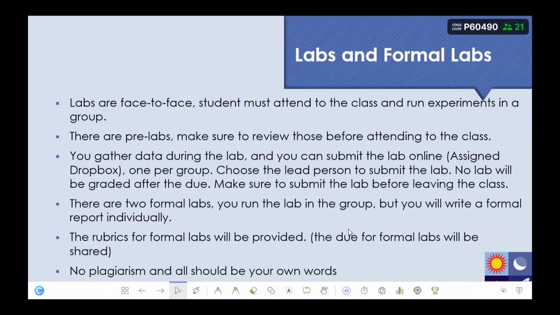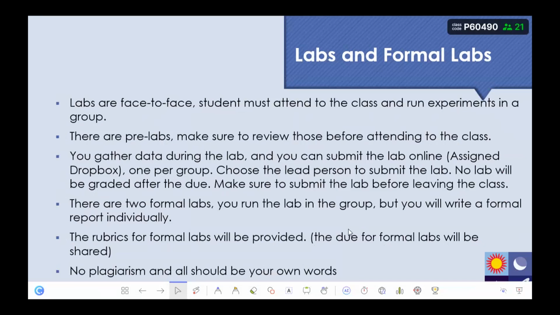You run the lab in a group, so you get the same result, same graph, same table, but each individual must write his or her own formal report.